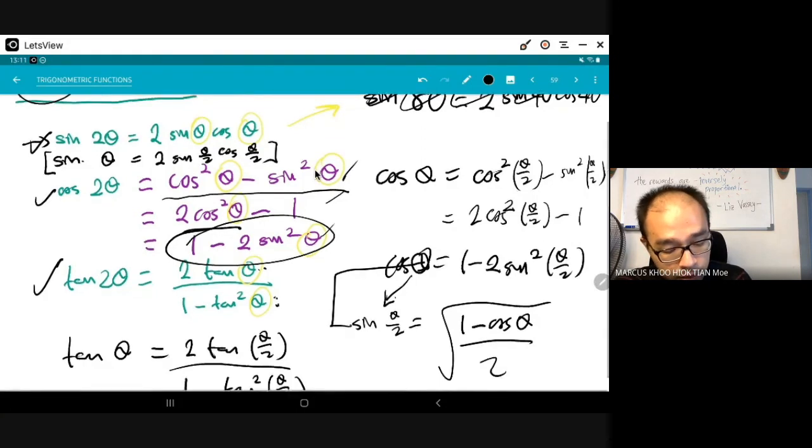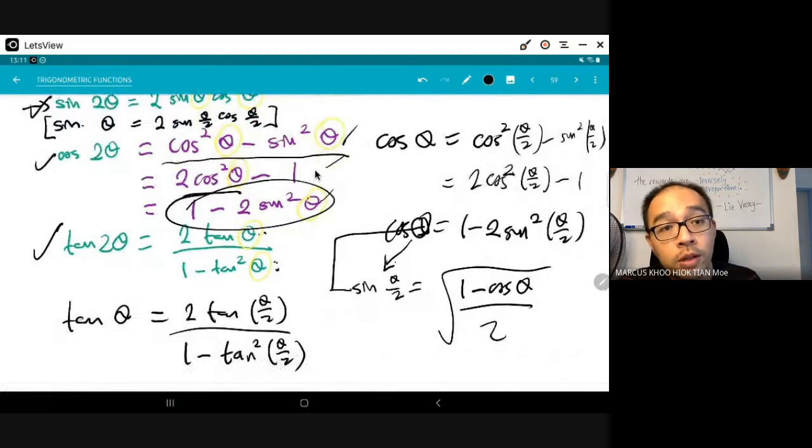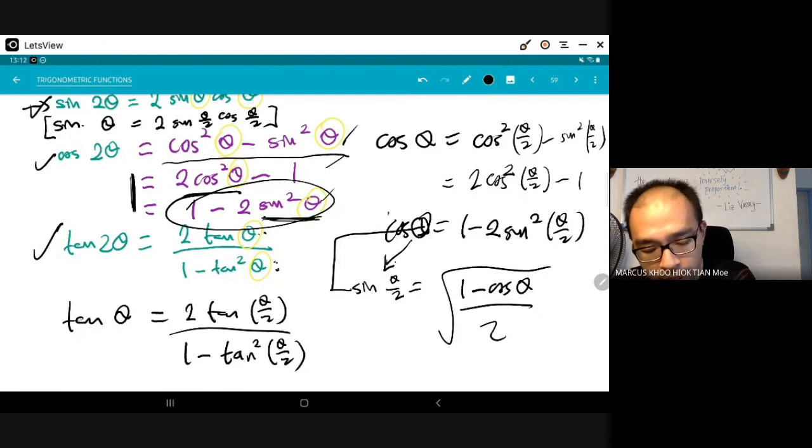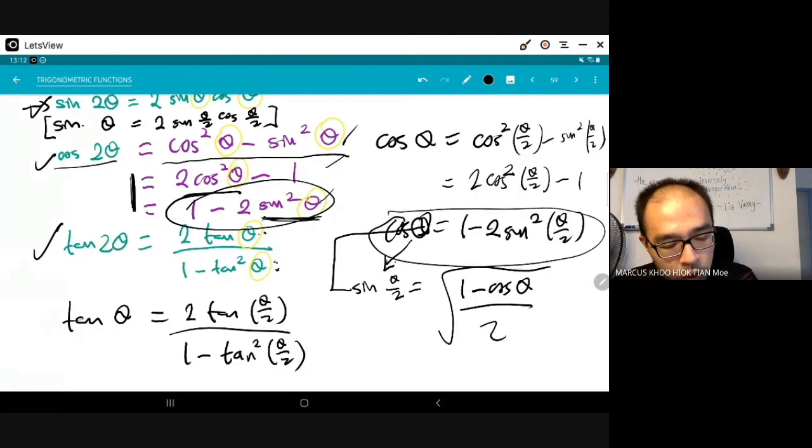If you want to find sine only, it is best to use the only one that doesn't have another angle involved. So this is the better one. From cos 2 theta, we change it to cos theta. And then since we want the sine half, we use this instead.